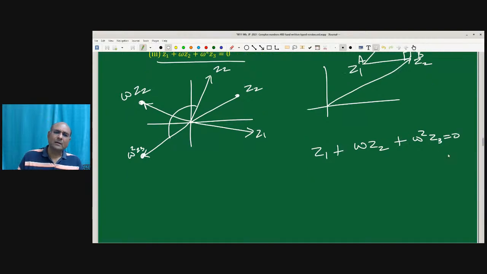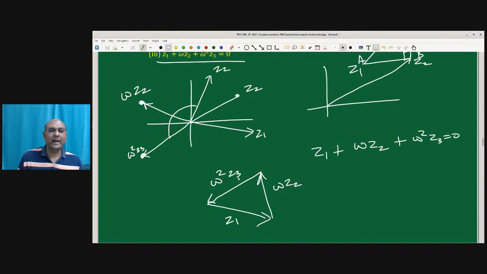That means Z1 arrow plus omega Z2 arrow plus omega square Z3 arrow adds up to 0. Right? The three things add up to 0.